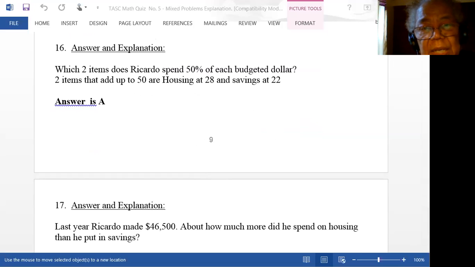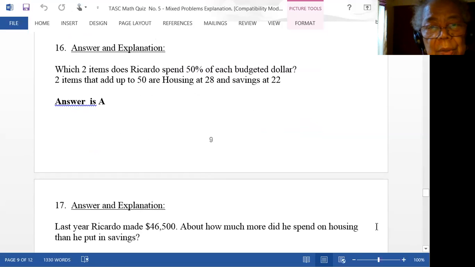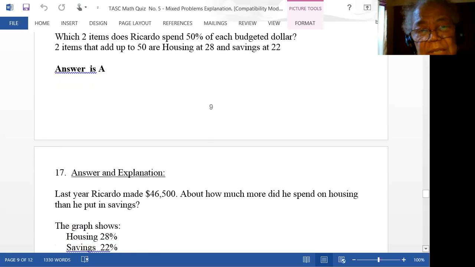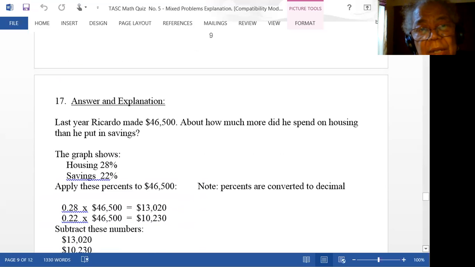Now 17, still referring to the chart. If he made 46,500, about how much more did he spend on housing than he put in his savings? Now on the chart, the housing is 28%, the saving is 22%.